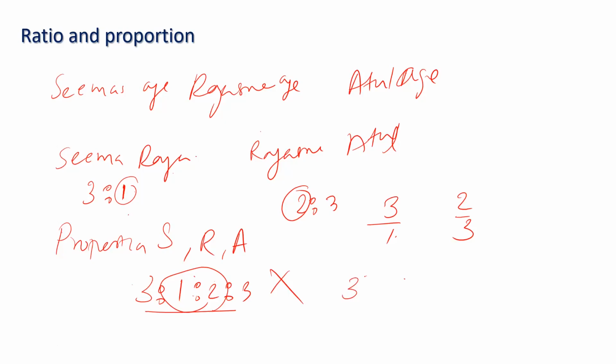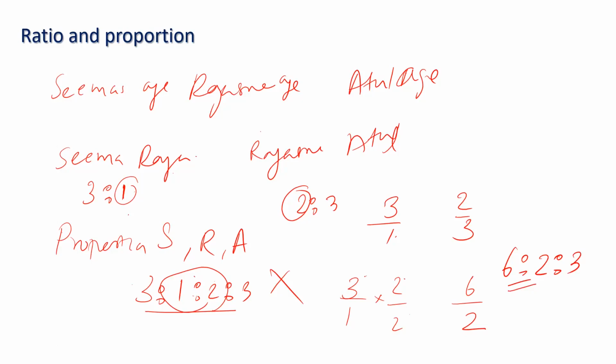We will change that 1 into 2. 3:1 multiplied by 2/2, you will get 6/2, and so now the ratio can be written as 6:2:3.